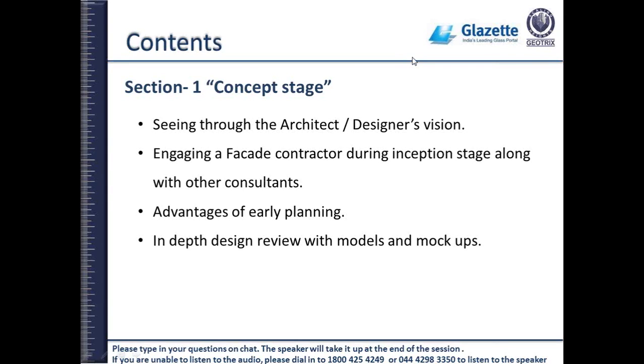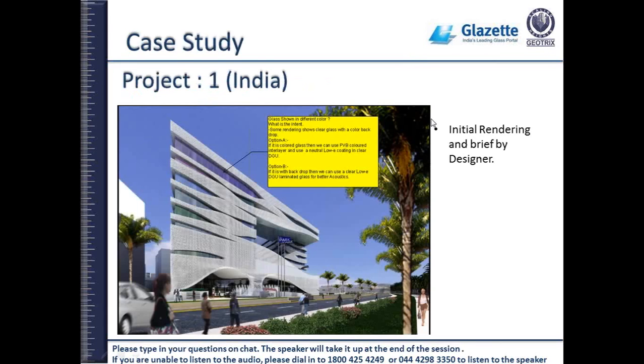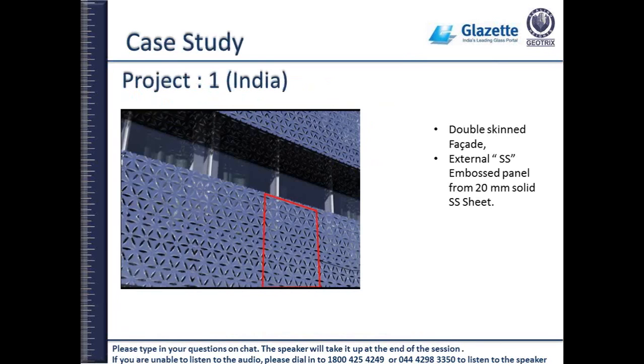Because at that stage the designer knows only a 20 mm solid aluminum sheet as per his design view. So straight away this project would have been knocked off, after one year of hard work. The designer has to go back to the drawing board. Either he proceeds further or the project would have been stalled.